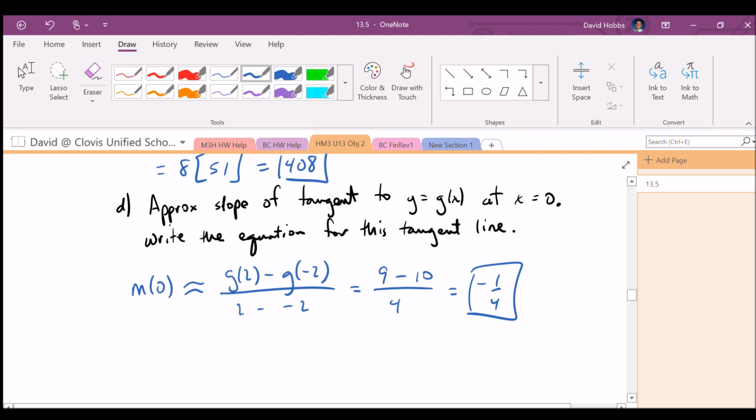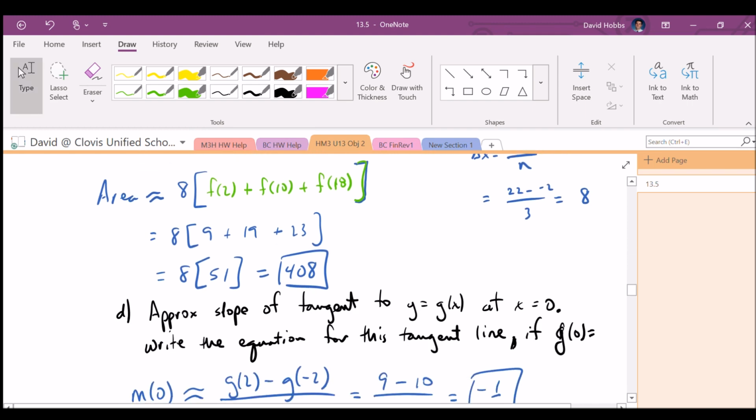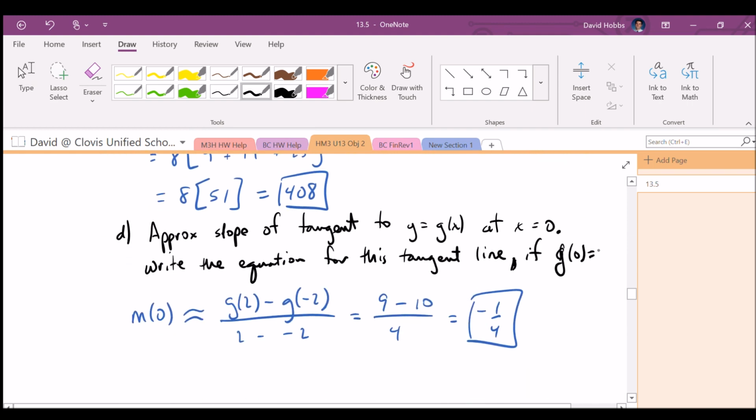Okay, and write the equation for this tangent line. Well, guess what? We need to know the point at x equals 0, and I did not give that. So let's say, sorry, if g of 0 equals 7, let's say.